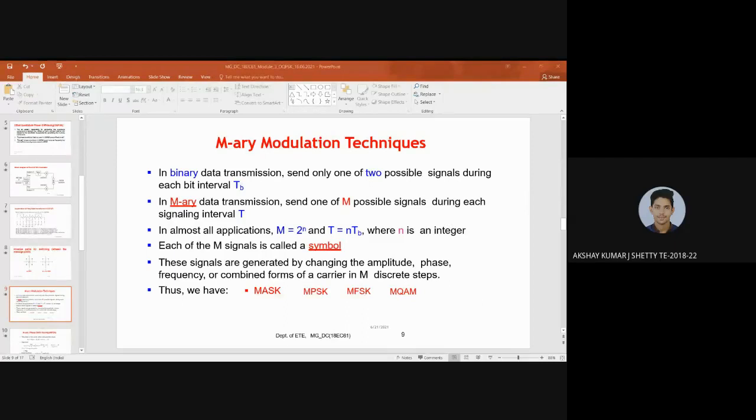Yes, sir. The drawback is when the dibit changes, there is a phase change of 180 degree if both the in-phase and quadrature components change. If any one of the bits, either in-phase or quadrature bit changes, it undergoes a 90-degree phase shift.